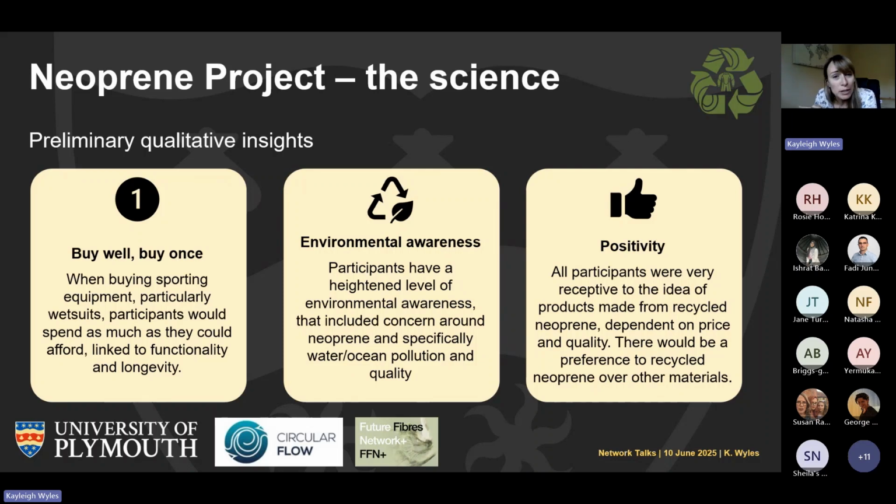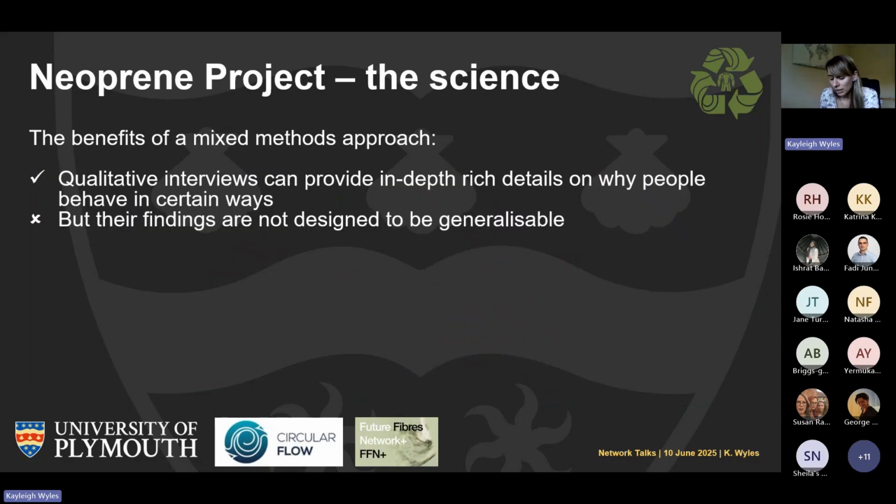And then this links back to the positivity side of things. So they were definitely excited and enthusiastic about producing something which helps to counter those earlier negative things. So they are willing to go out of their way to buy something which is made out of recycled or old wetsuits. So there was definitely an appetite from those 14 people we interviewed.